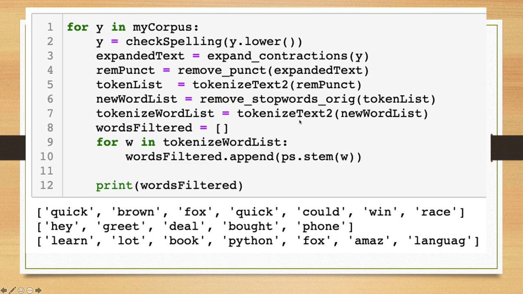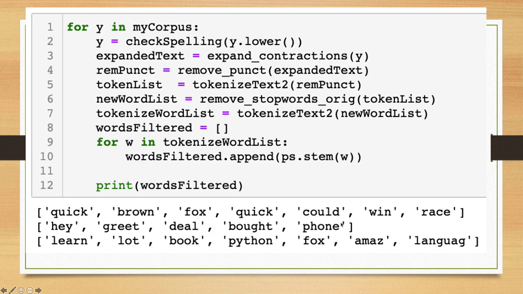Then we tokenize again the new word list, and now we append the stem word.